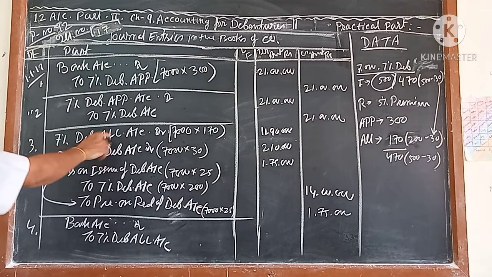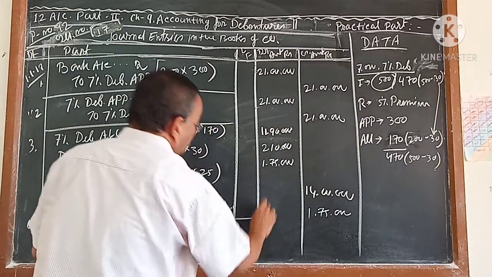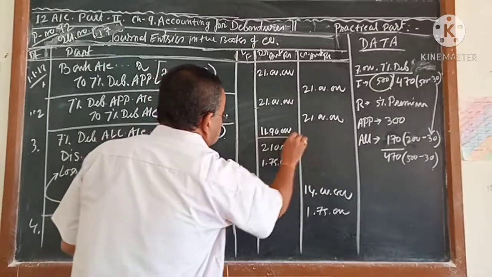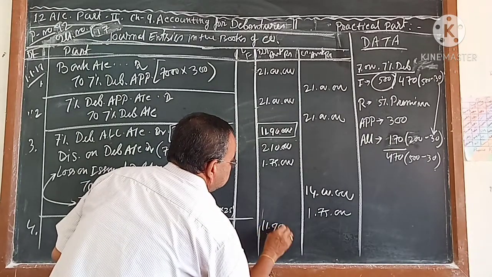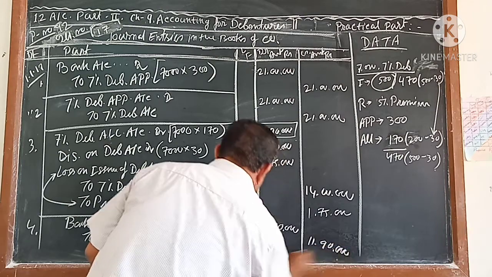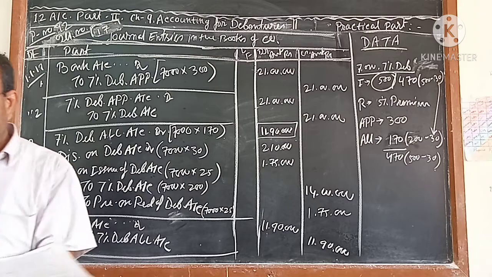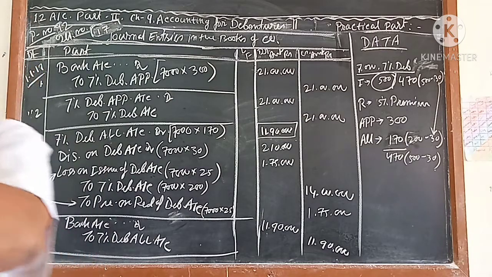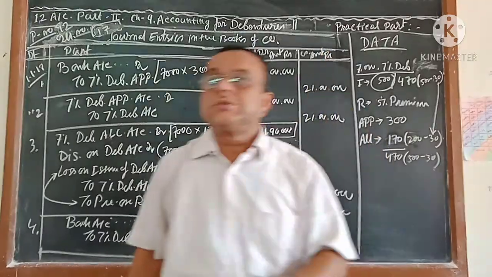The debenture allotment account amount you already wrote here. We are not going to collect all of this, only this much we are going to collect, that is 1190. This is the journal only for the issue of the debenture. We are going to pass the debenture issue only, not the redemption.